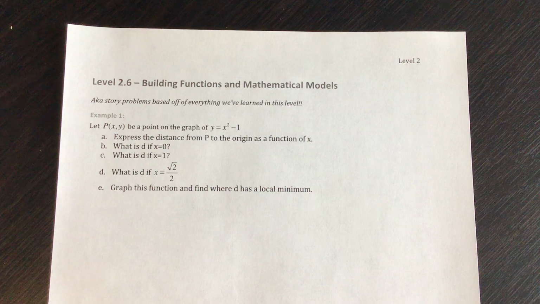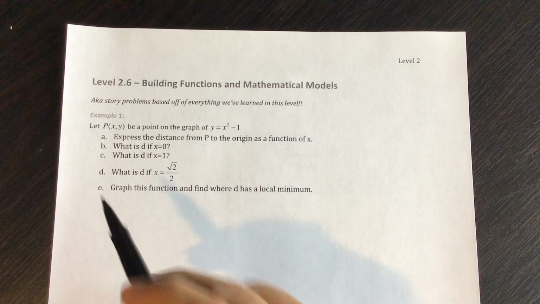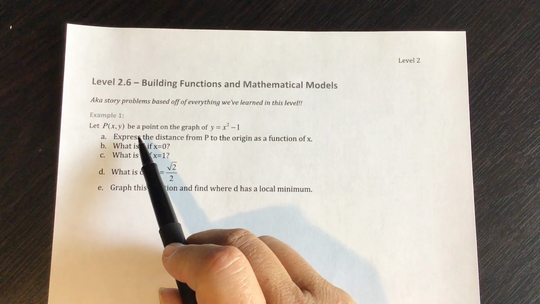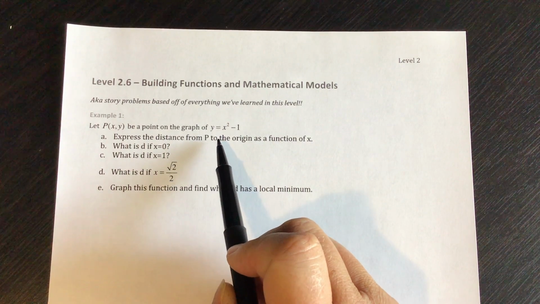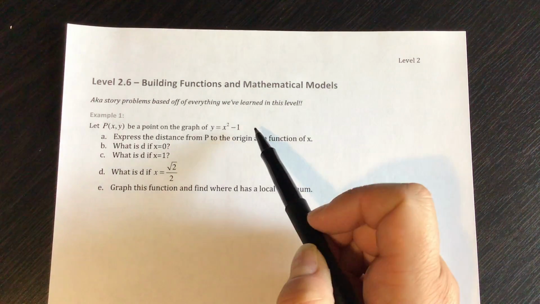So in example 1, it says to let P, which is a point, and we have an x coordinate and a y coordinate to describe point P. And that point P is on the graph of y equals x squared minus 1.